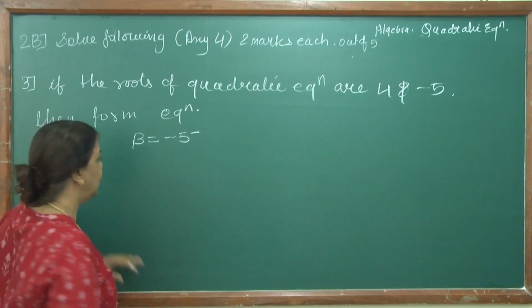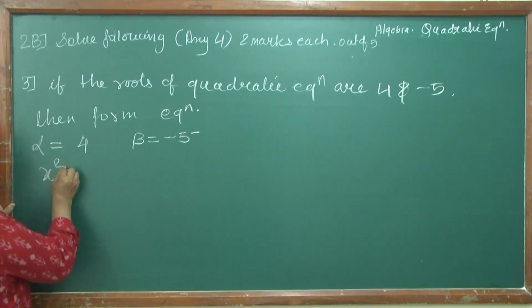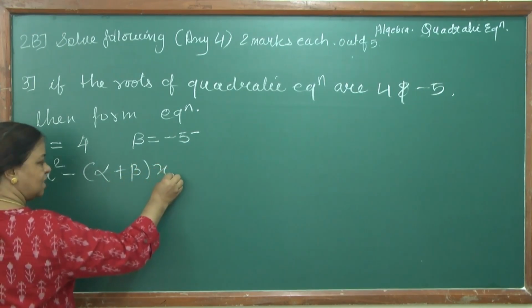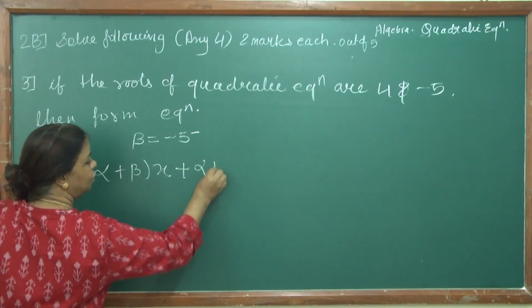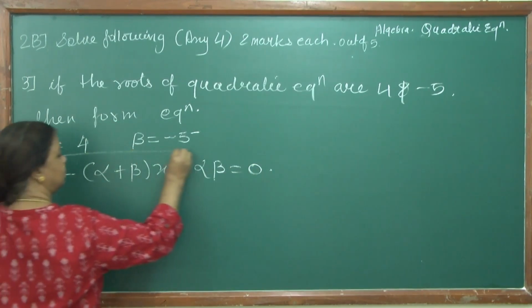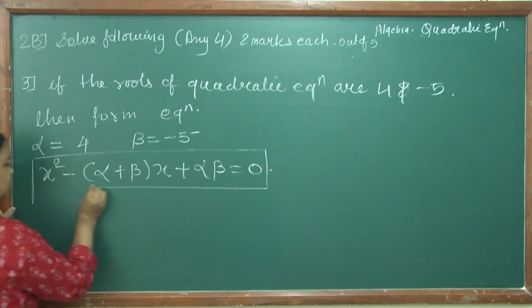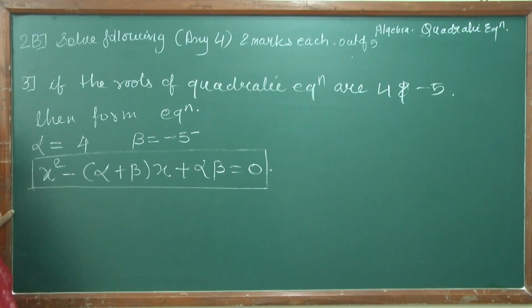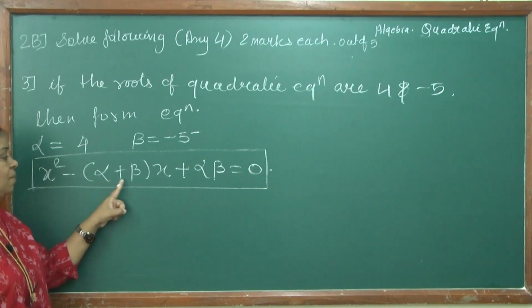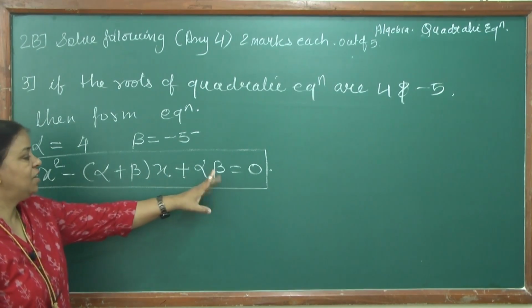The formula is there, that is x square minus alpha plus beta into x plus alpha into beta. This you must remember when you want to form the quadratic equation. I again repeat, x square minus alpha plus beta into x plus alpha into beta.